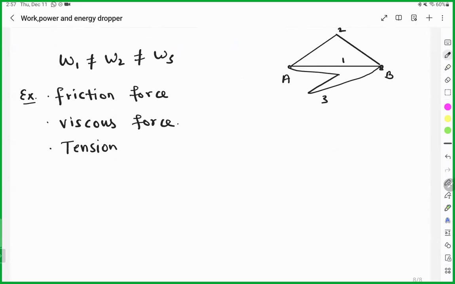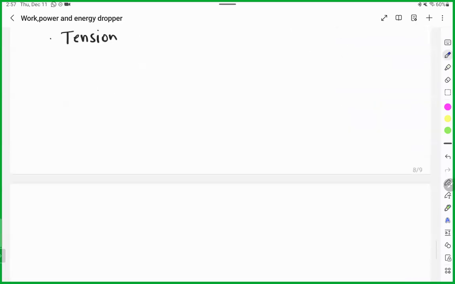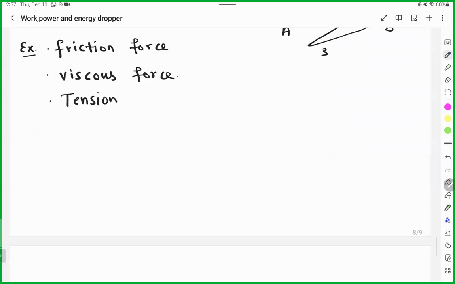Jordan? So viscous force is like the friction, like it's not friction. I don't know how to explain it, sir, but I understood the difference between it. You understood, but you can't explain it. It's related to liquids.